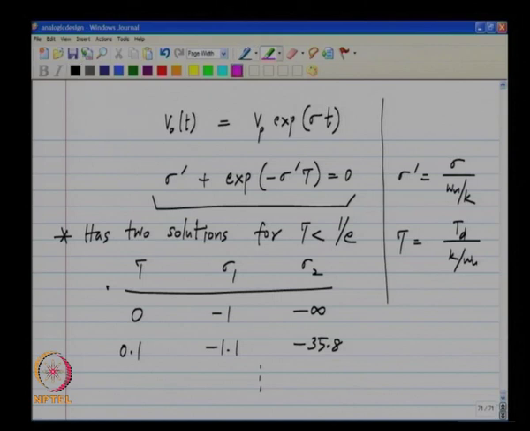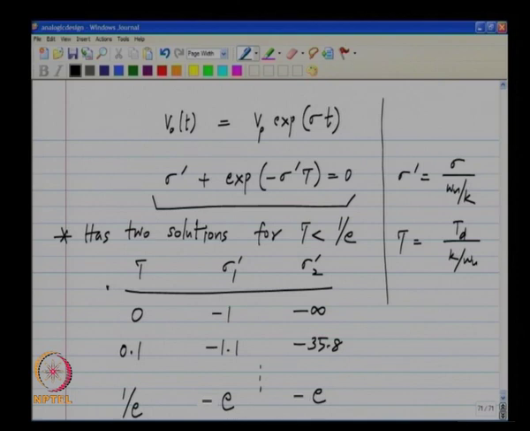What happens is this sigma 1 goes on increasing, that is it goes more and more negative to higher frequencies. That means the exponential corresponding to sigma 1 becomes faster and faster, and the exponential corresponding to sigma 2 becomes slower and slower. For tau equals 1 by e, sigma 1 will be e and sigma 2 will be e, where sigma 1 and sigma 2 are the normalized quantities.